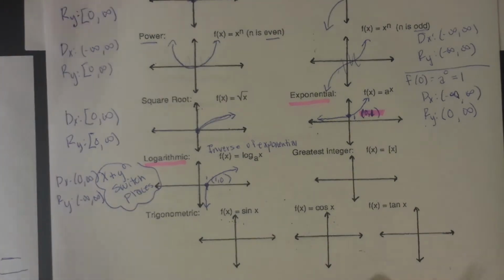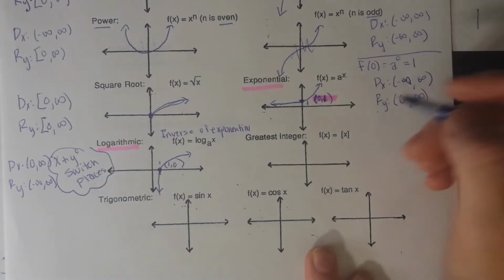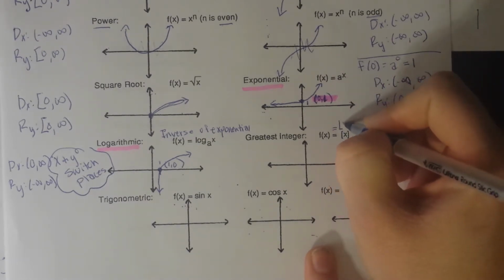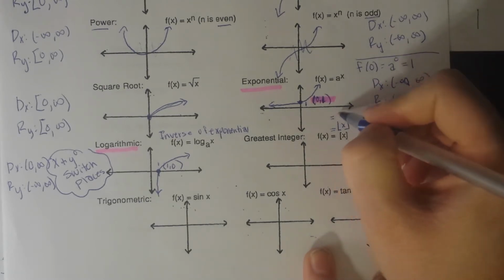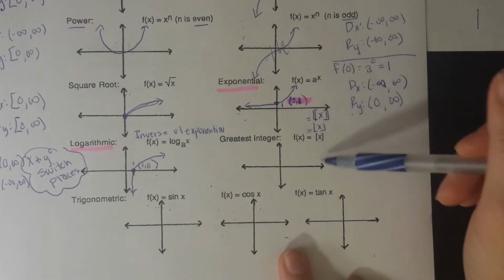Okay, the greatest integer function. This is a fun one. Sometimes we see this as like L's. Sometimes we see this as like this double bracket thingy. Just be aware that there's different ways to write that.